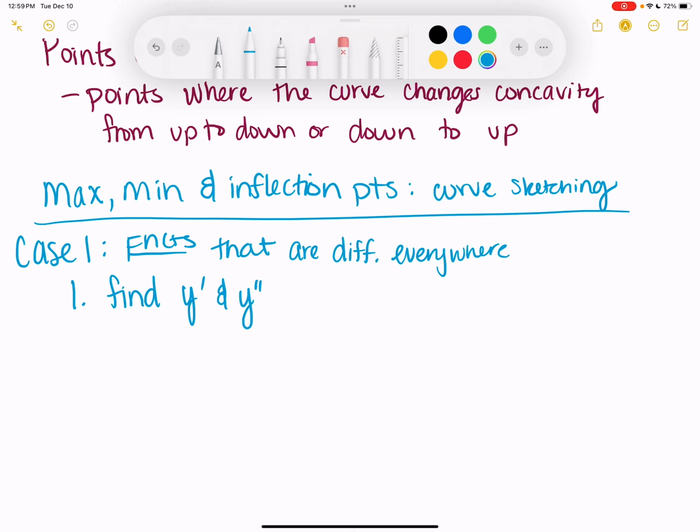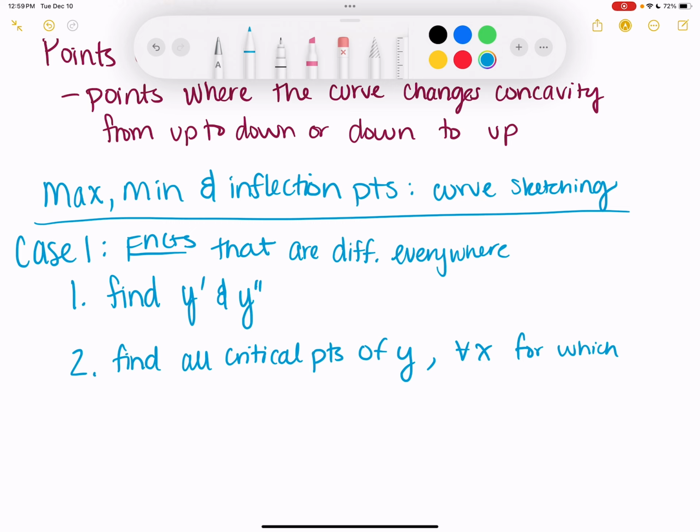So after that, step 2 is to find all critical points of y, for all x for which y prime equals 0. So notice that's the derivative equal to 0.